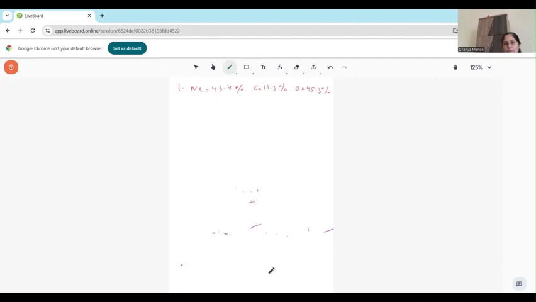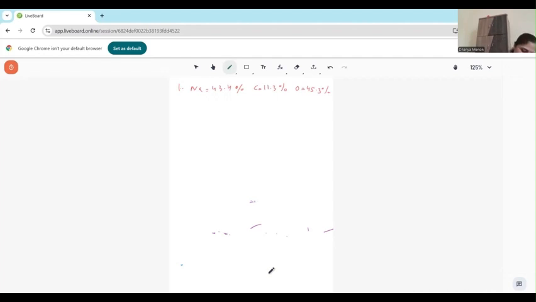So 43.4 plus 11.3 plus 45.3% should be equal to 100. That makes the whole compound. If it doesn't come to 100, that means we have one more element there, and they would have given information about that element in the question. For now it's coming to 100.